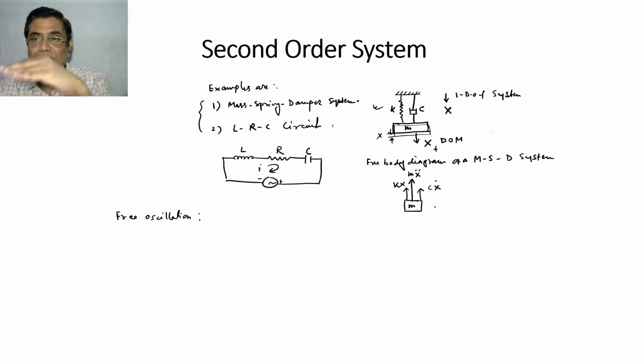Although the body should really oscillate, if C is sufficiently small, it should oscillate. But as we are saying, with these forces the body reaches a static equilibrium state.